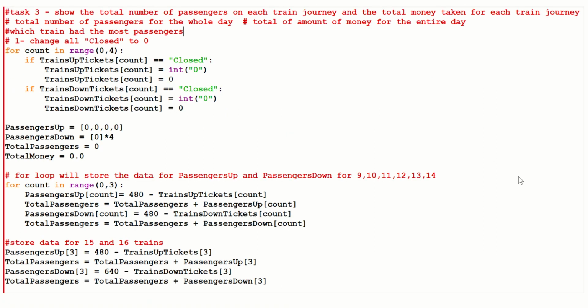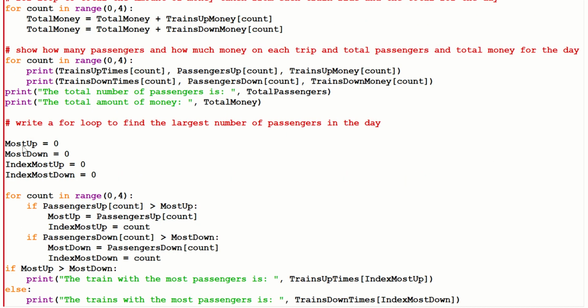And this is to find the largest number of passengers in the day, which train had the most number of passengers. So most of all of this equals 0, and we're going to repeat this 4 times.